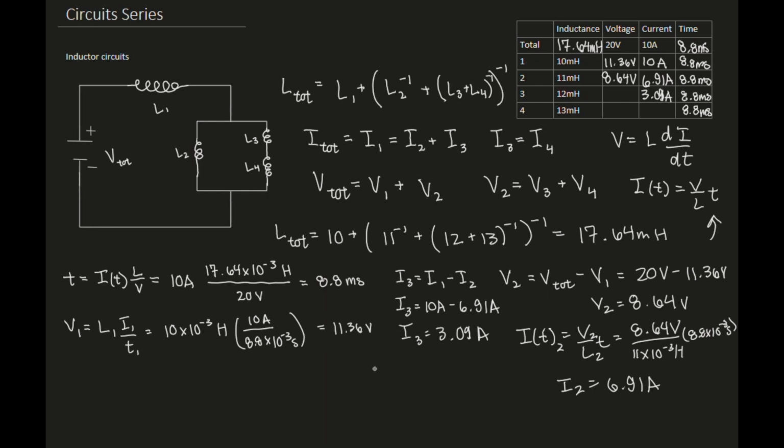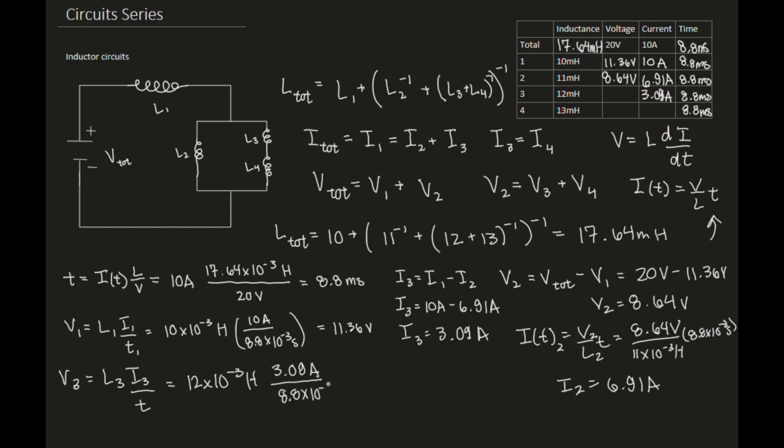And then we're going to calculate the voltage across 3 using our same equation. So V3 equals L3 I3 over T, which is going to give me 12 times 10 to the negative 3 henry, multiplied by the 3.09 amps over the time of 8.8 times 10 to the negative 3 seconds.